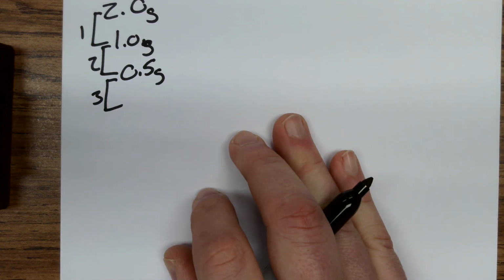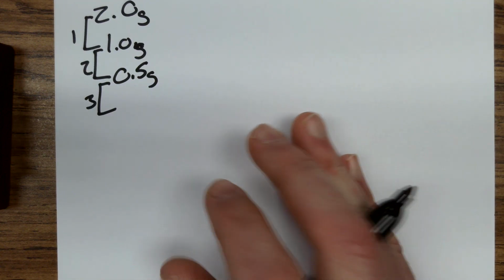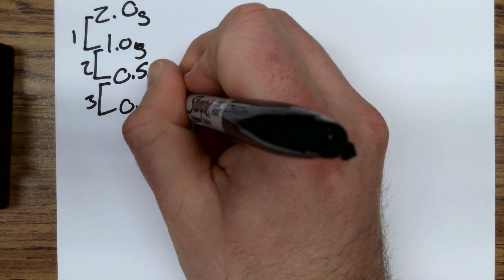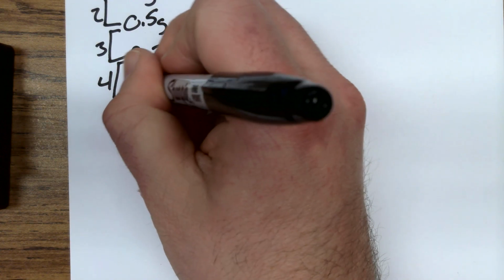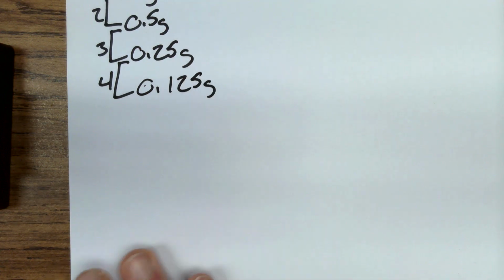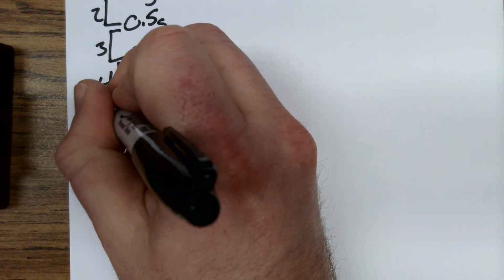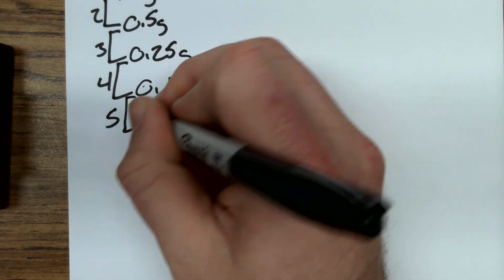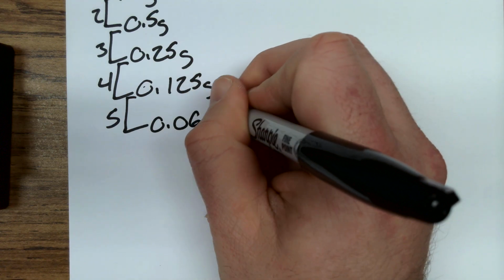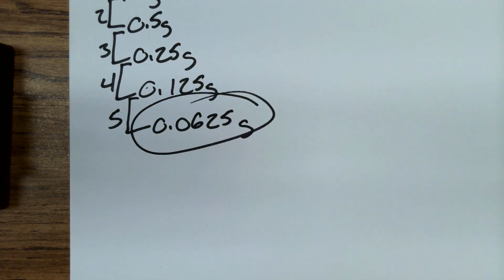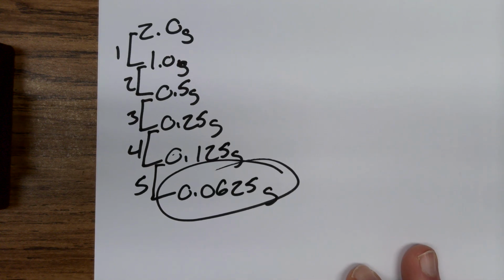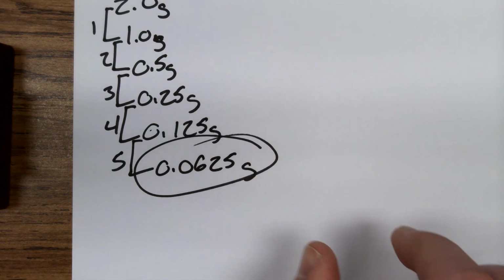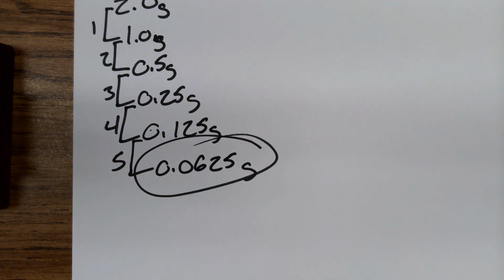Third half-life, what's half of 0.05? 0.025 grams. What's half of that for the 4th half-life? 0.0125 grams. We break it down one more time. 0.00625 grams. It'll keep getting smaller and smaller and smaller, never going to 0.